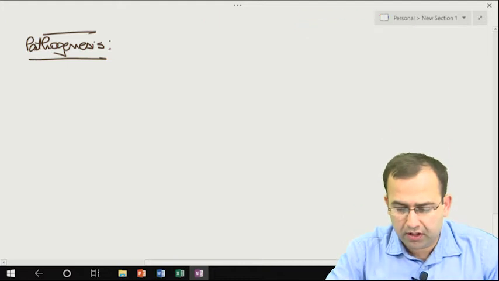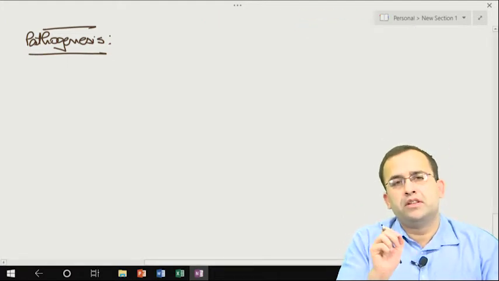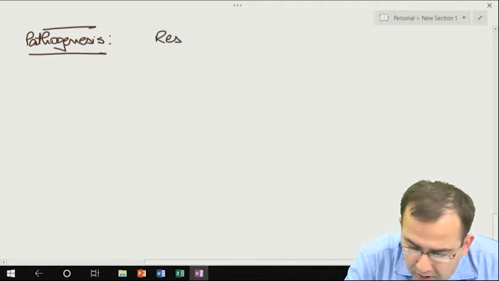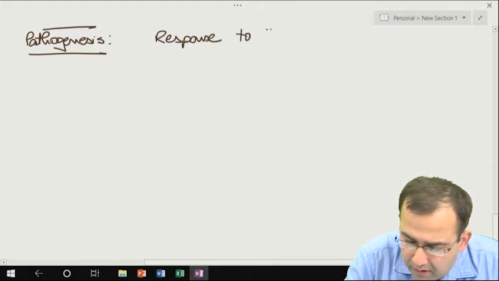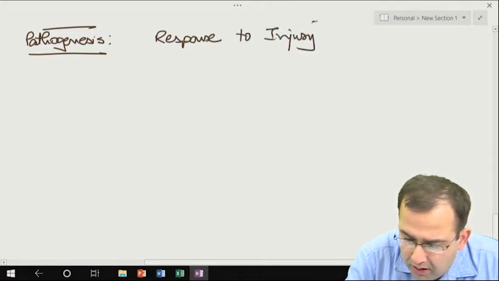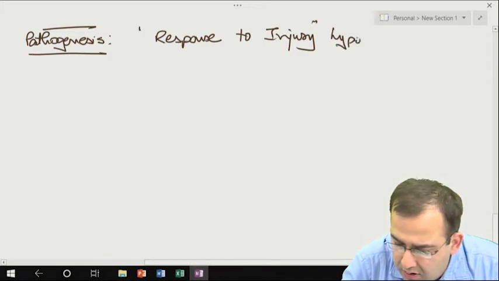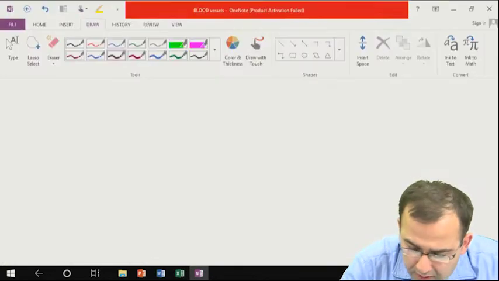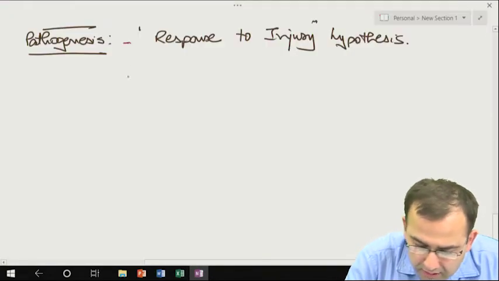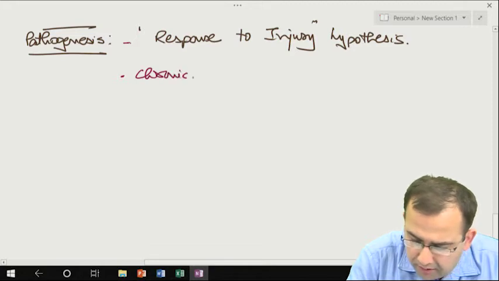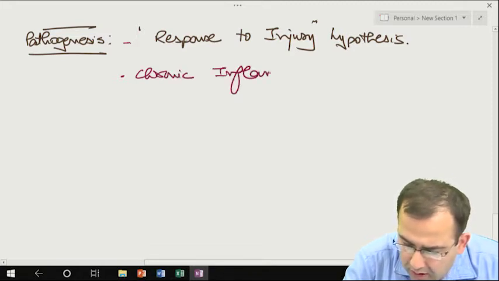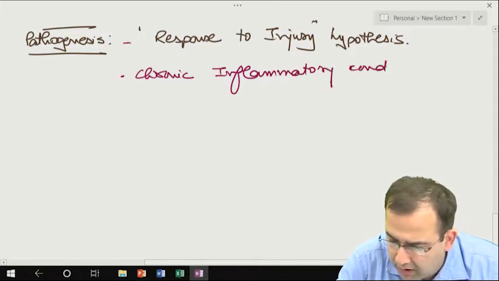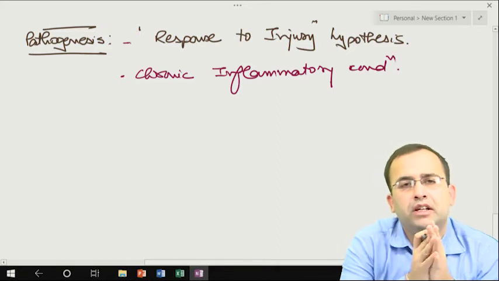Why is atherosclerosis developing? The main pathogenesis associated with atherosclerosis is the response to injury hypothesis, which means that atherosclerosis is a chronic inflammatory condition, and the initiating event is endothelial cell damage.